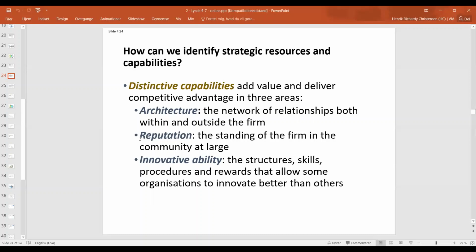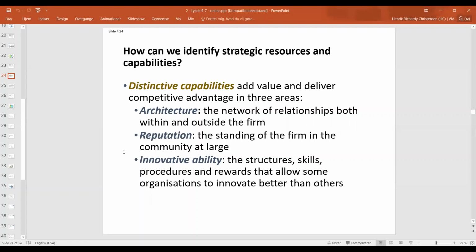Also, reputation. If you have a good reputation, that's something that gives you a distinctive capability, and that means you create value. And if you are innovative, you have specific structures, skills, procedures that make the organization innovative, then that's also something that adds value.